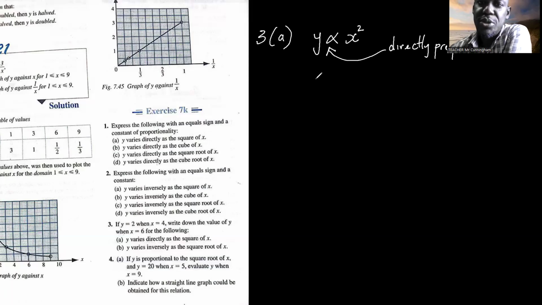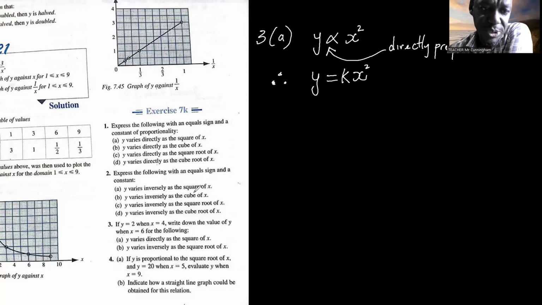Therefore, y is equal to k, which is a constant, the directly proportional constant, multiplied by x squared.